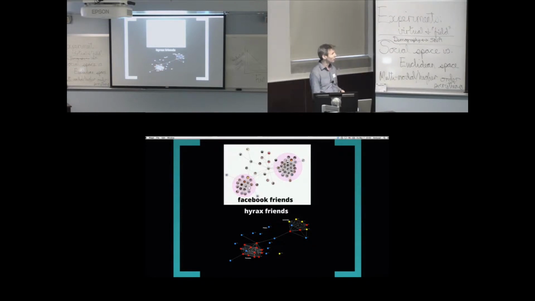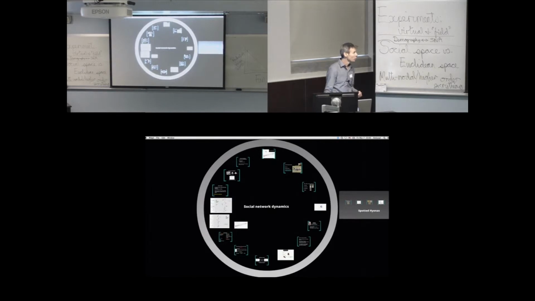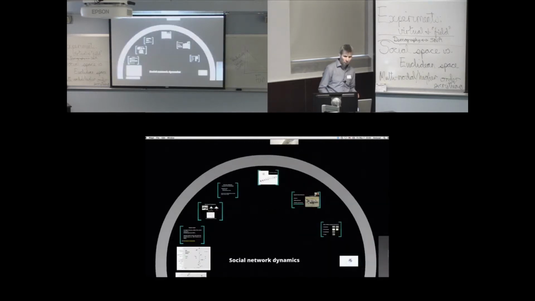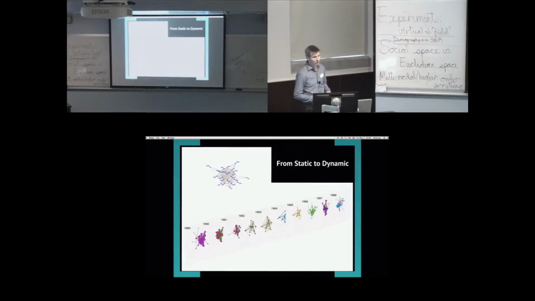And then it was time to move on, and I wanted to work on network dynamics. So basically, moving from static to dynamic, what are the limitations of static networks? One of them is that if we look at the static network, it's only one sample of the social structure, and it may not be representative of the full range of social structures that are possible.